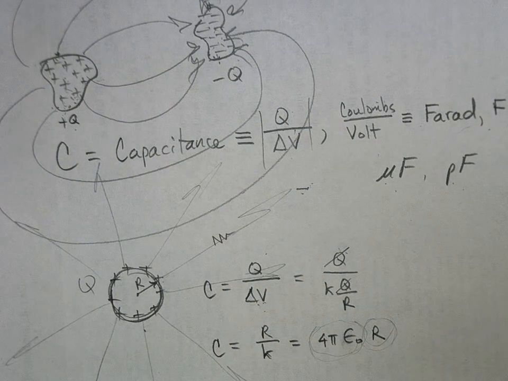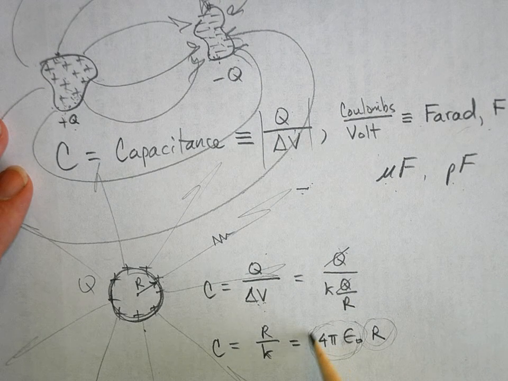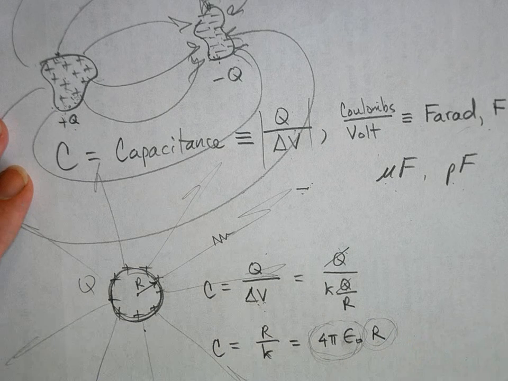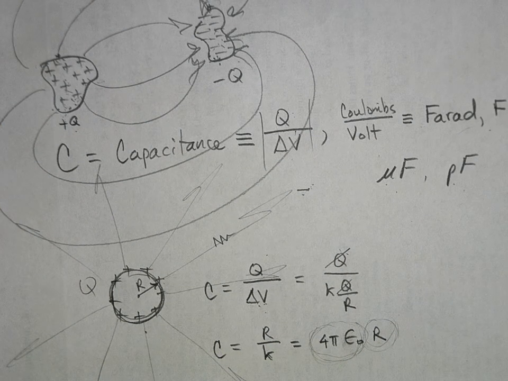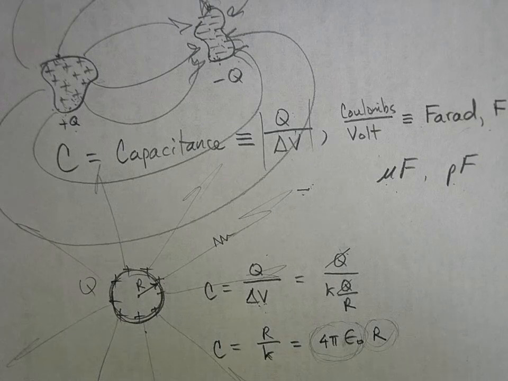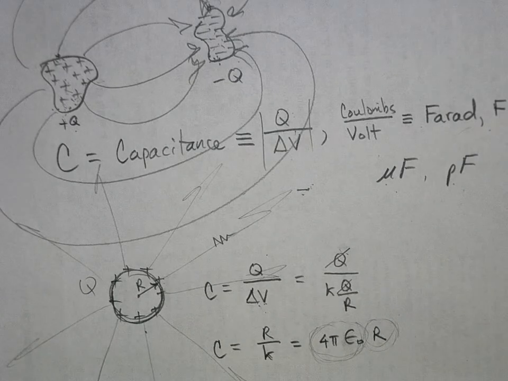What's the only thing you can change on a sphere? The radius. So we have constants of nature times the radius. Now, we can do this for cylinders. We can do this for spheres. There are a lot of different variations on this. We're going to do one more, and then we'll be done.